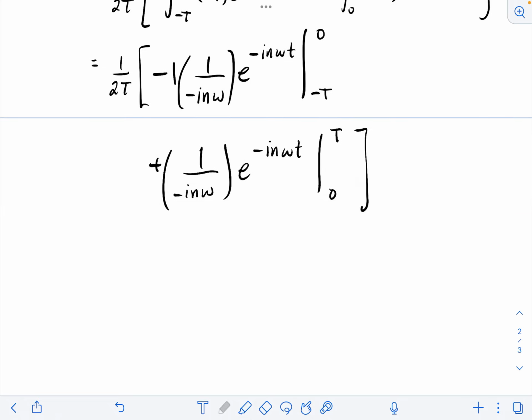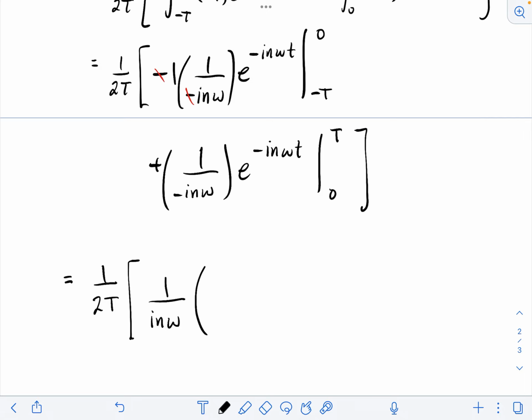Okay, so let's just clean up some of this so that we don't get mixed up with our minus signs. So these minus signs will cancel. And now what we just need to do is put in the limits correctly. And so our Cn coefficients are 1 over 2T. And then we have 1 over i n omega.